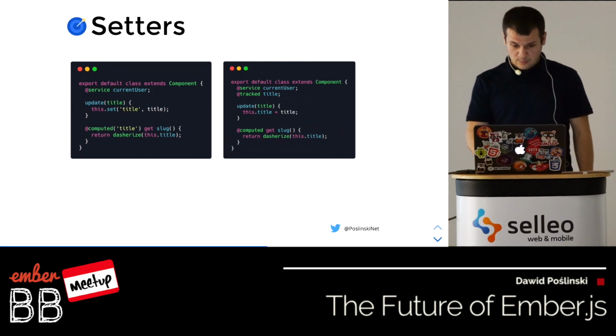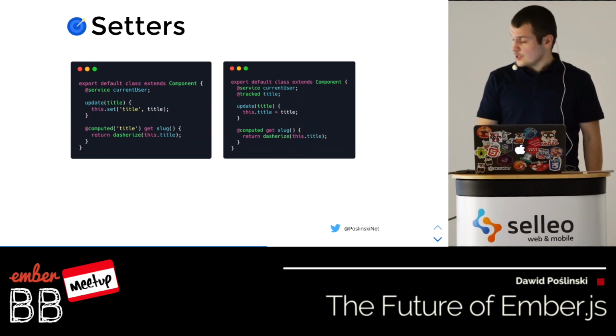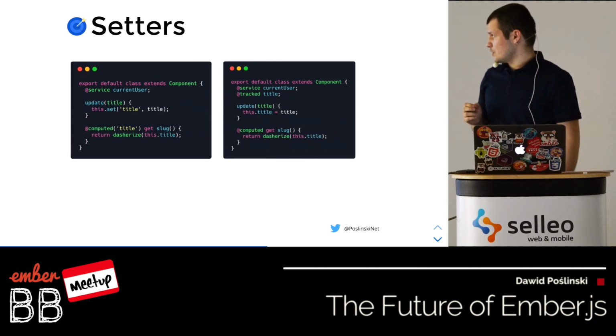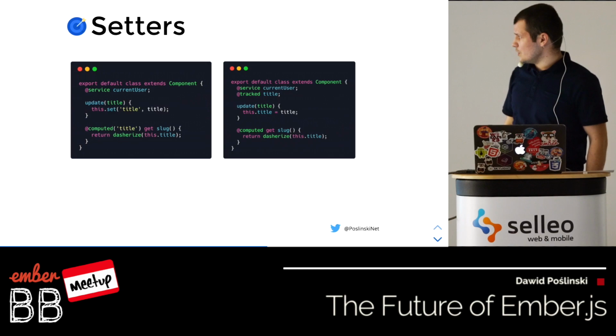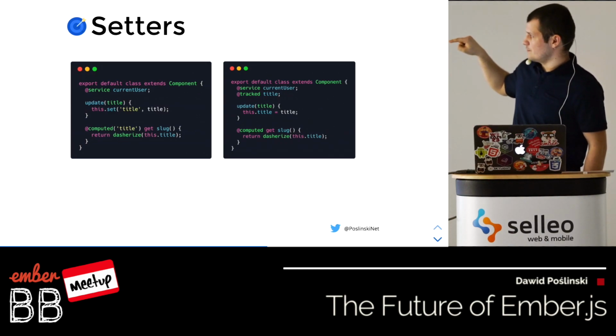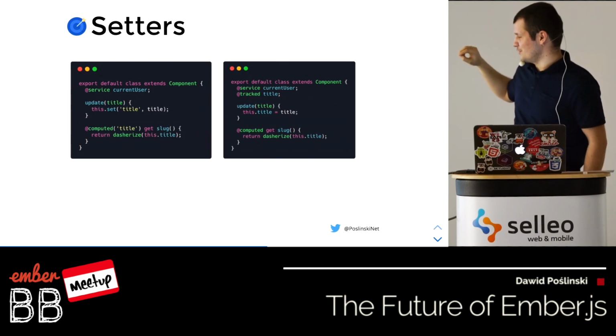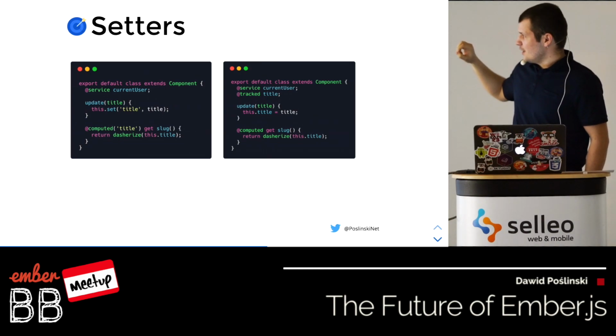Okay, that's good. But now it's even simpler, because if we take a look at the right side, here we see the native set method. Under the hood, it's not fully native, but that's another story.